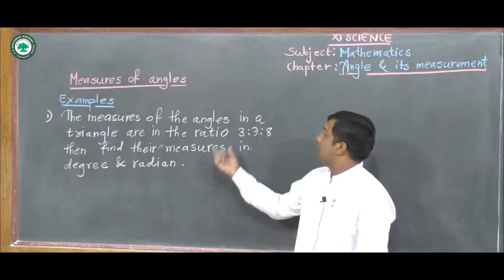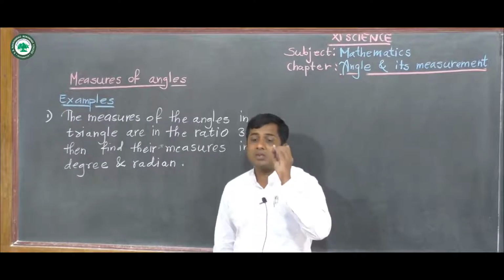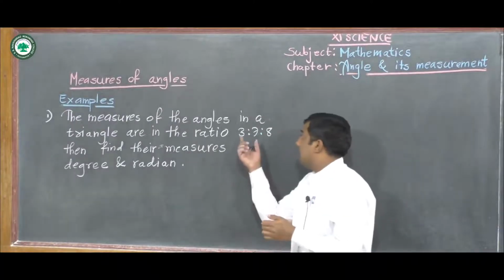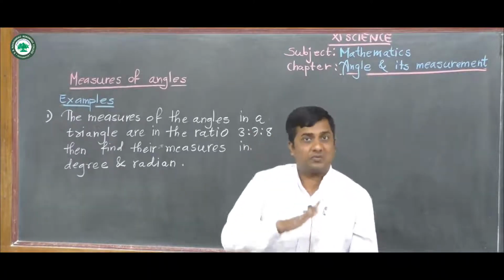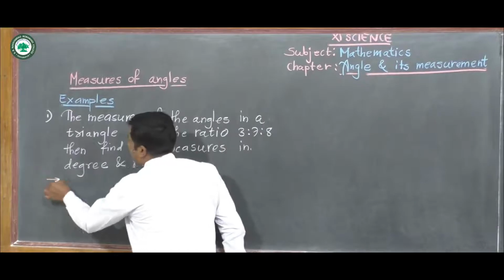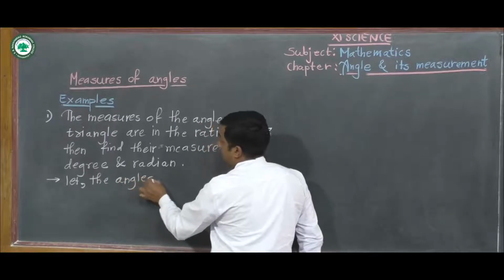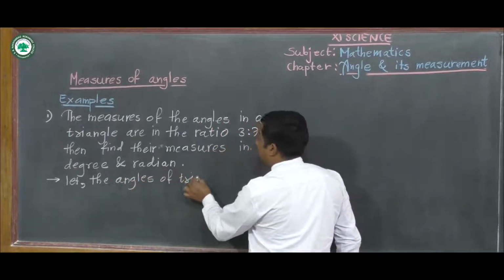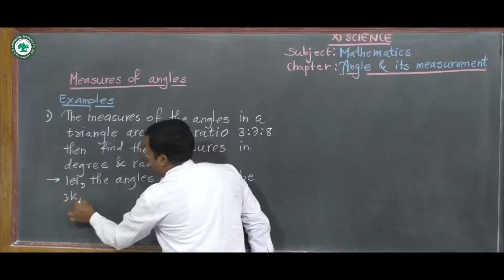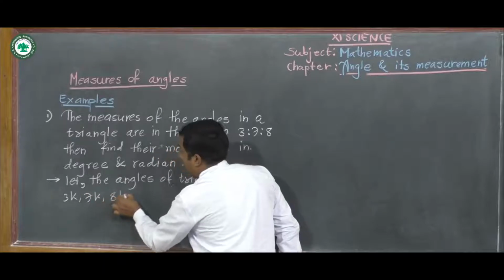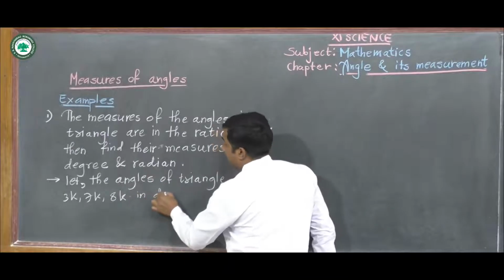Since the ratio is given as 3:7:8, we consider the angles of the triangle to be 3k, 7k, 8k, where k is a constant. So let the angles of the triangle be 3k, 7k, and 8k in degrees. We consider this measure in degrees.